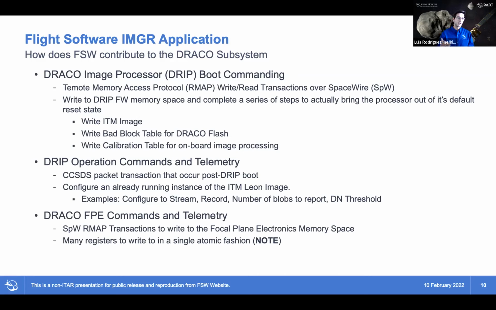Once it has booted, we can send configuration commands to stream, record, and set other parameters in DRIP via CCSDS packet transactions. And then for the focal plane electronics, we also use SpaceWire RMAP to configure the detector.